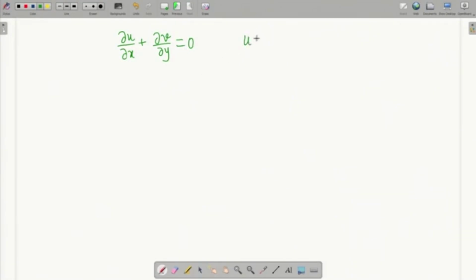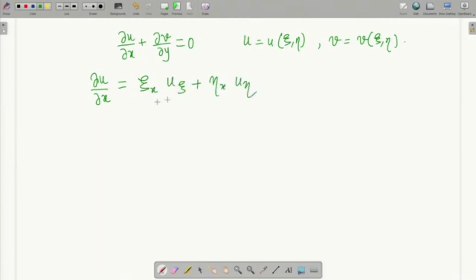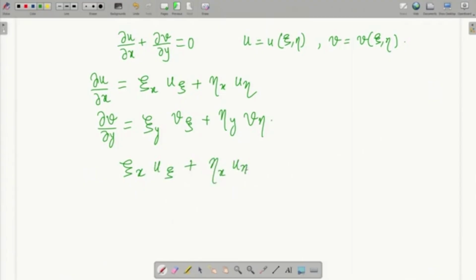So, if it is the continuity equation, then we say that u is a function of xi, eta and so is v, and then using the chain rule expressions you can easily show which means that the transformed continuity equation looks like this.